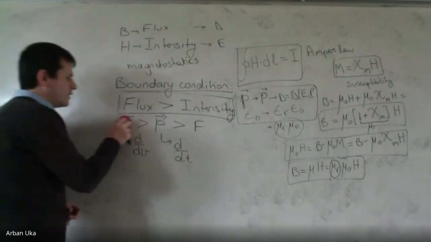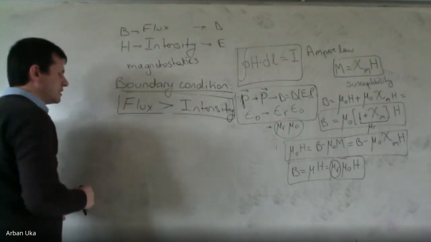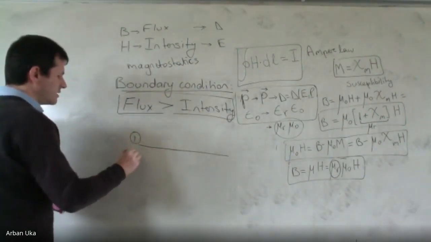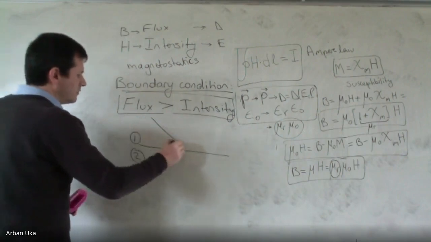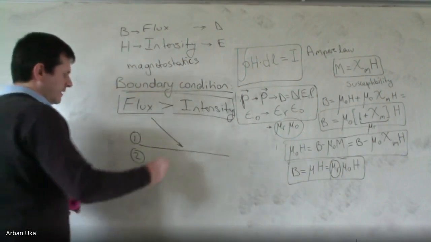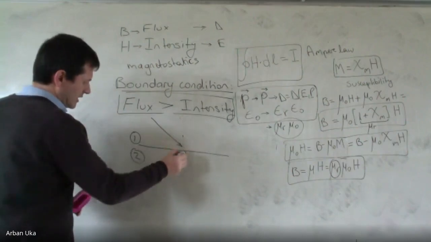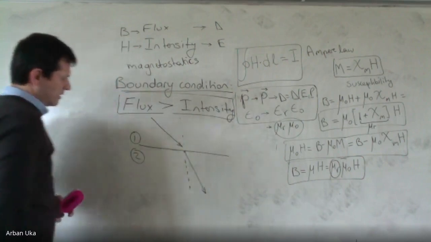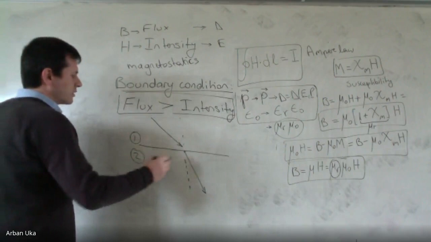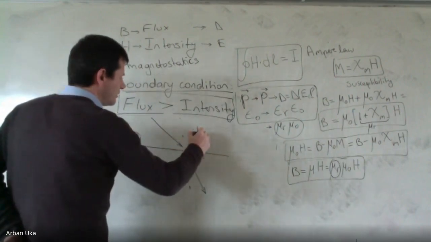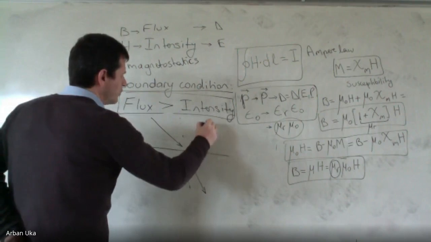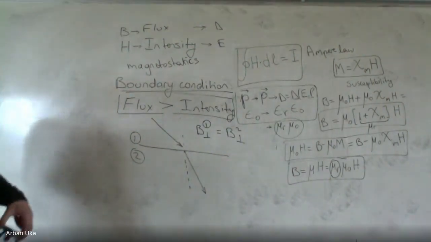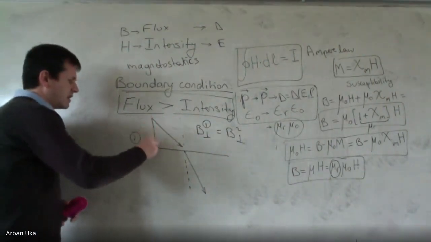And now that we know this, we can say that if we are passing over two different mediums, let's assume that this is medium 1 and this is medium 2, and we have a magnetic field which is incident like this, and assuming that the properties are different, we will have that the normal components, so flux, which is the B, flux perpendicular 1, should be equal to flux perpendicular 2, which means that the normal components of the magnetic field are conserved.